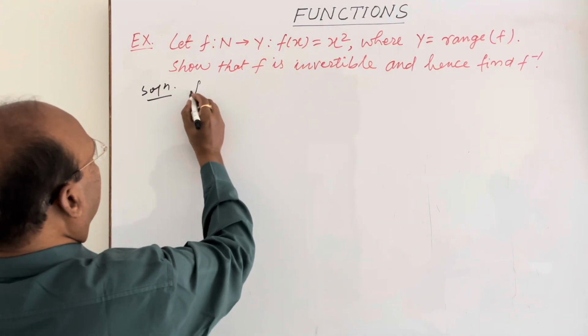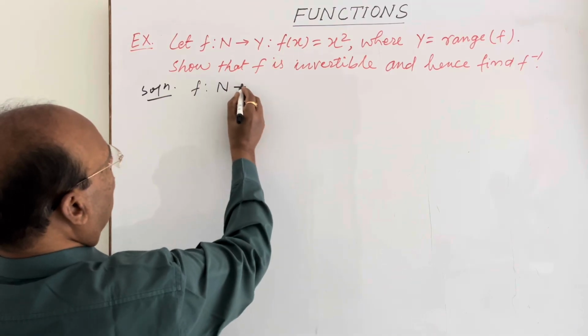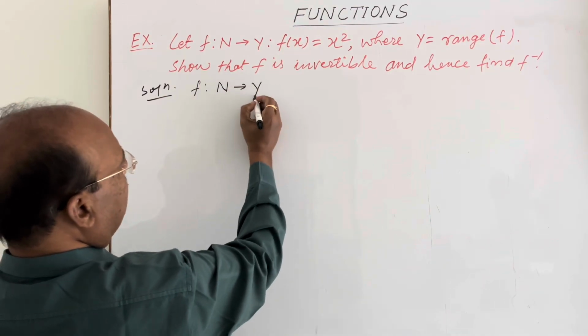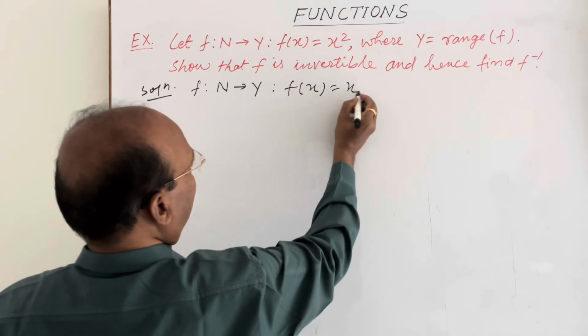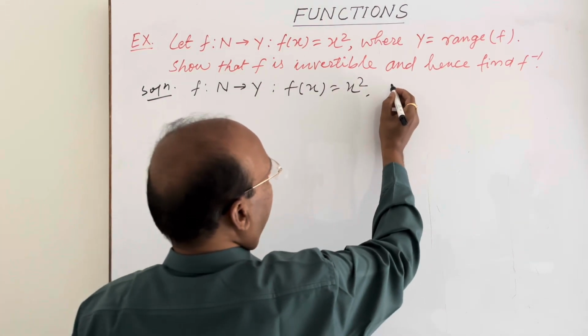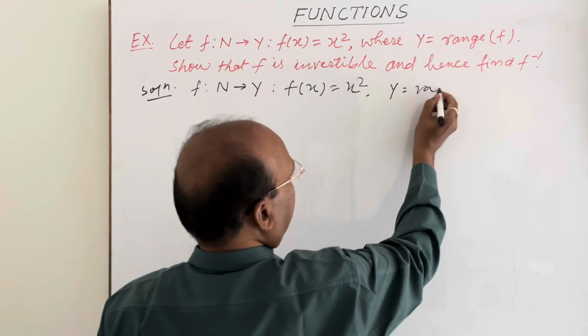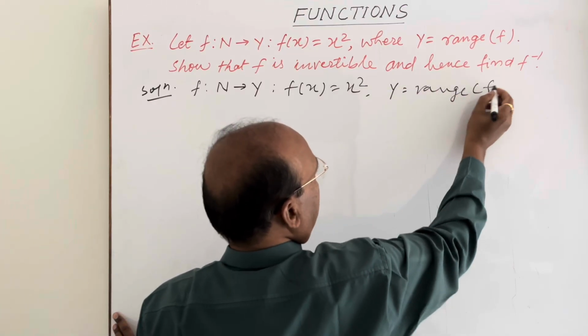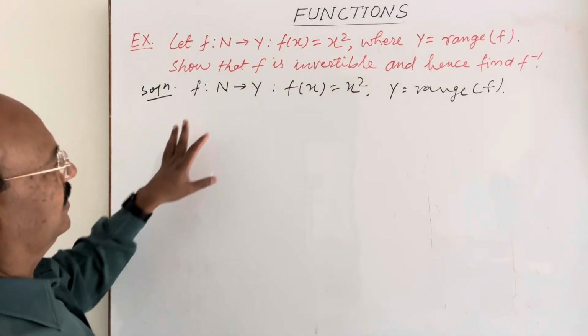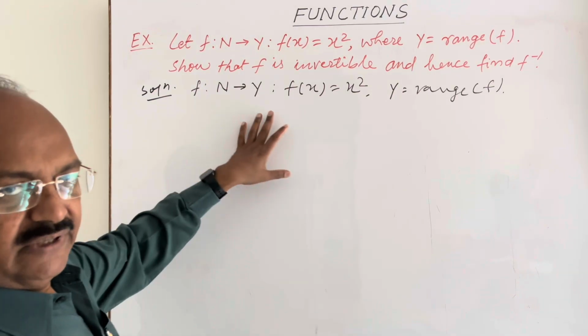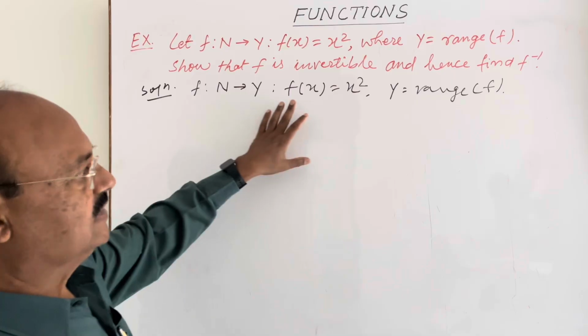Here the given function f is defined from the set of natural numbers to any set Y, and this is defined as f(x) is equal to x square and Y is the range of this function f. First of all we will show that this function is one-one. How we can show that a function is one-one?